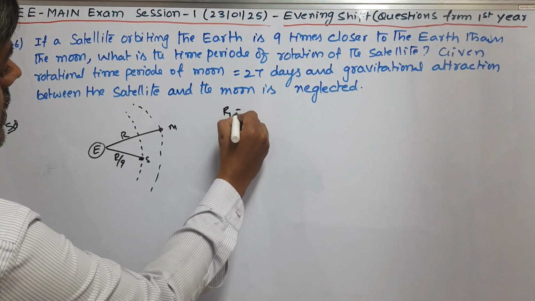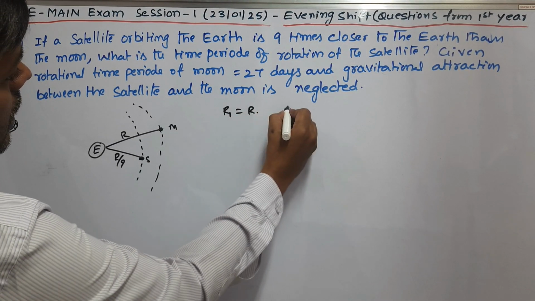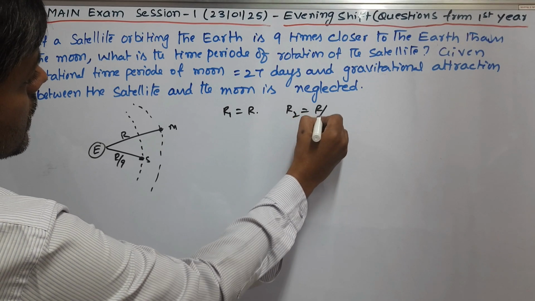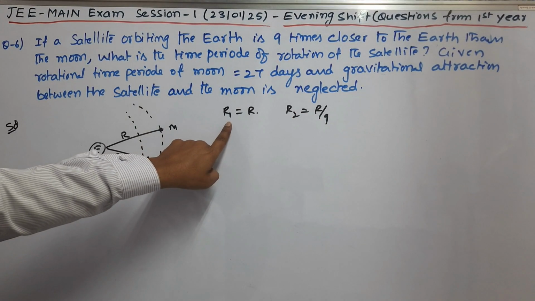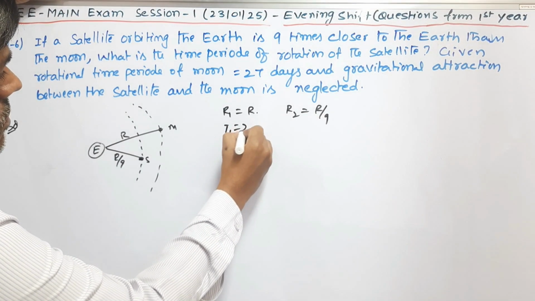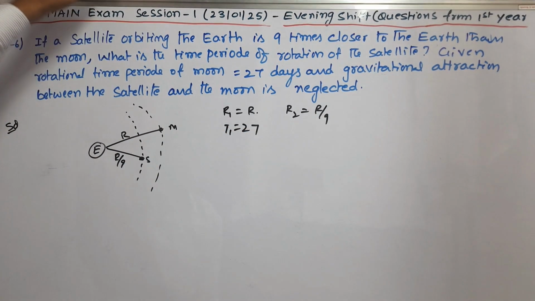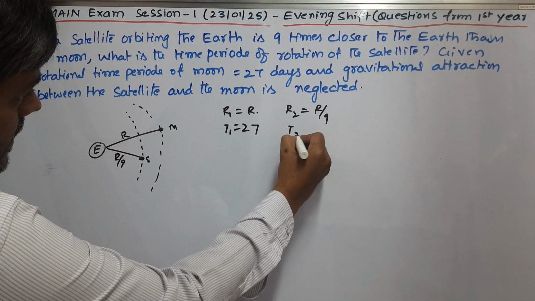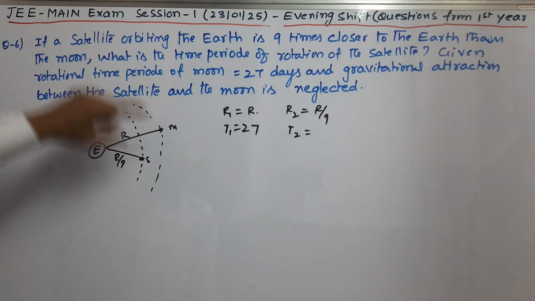So given R1 is equal to R, which is the moon's distance, and R2 is equal to R by 9. The moon takes time T1 equal to 27 days to revolve around the earth. So what is the time taken by the satellite to revolve around the earth?